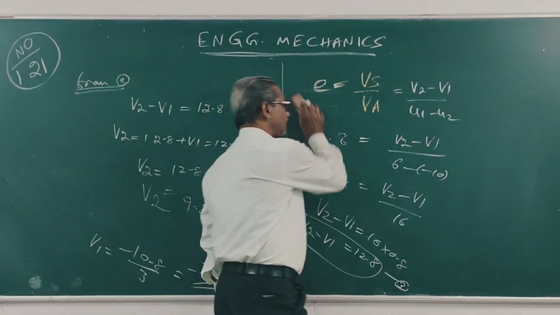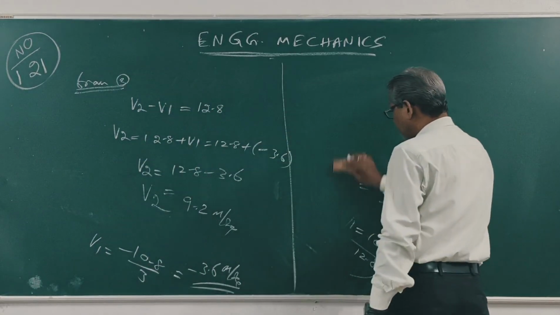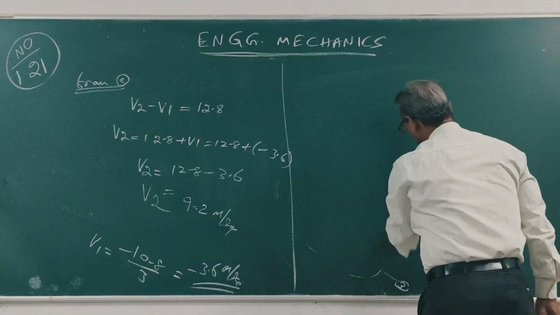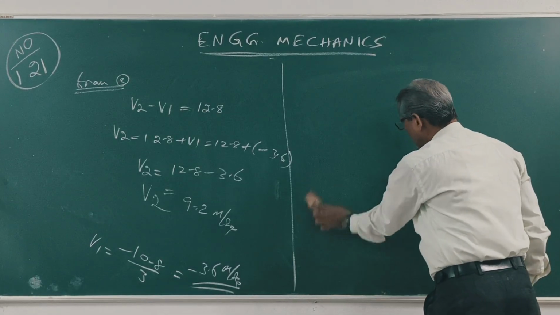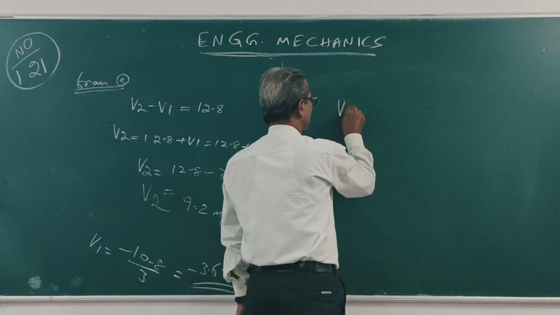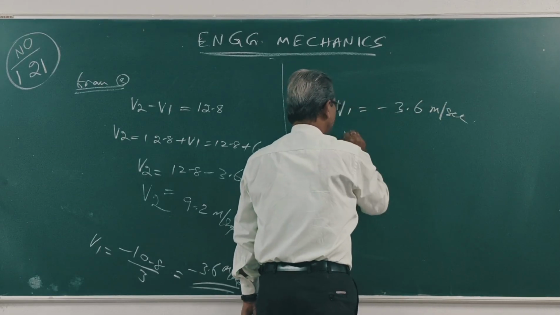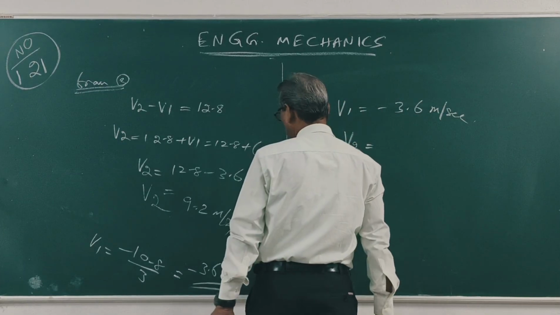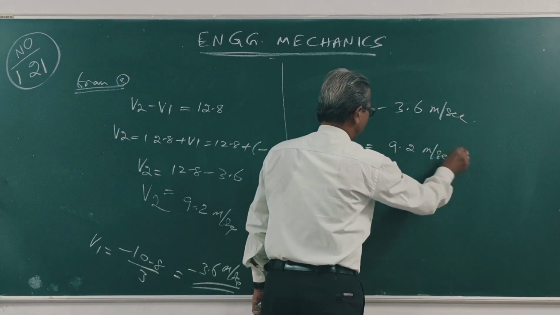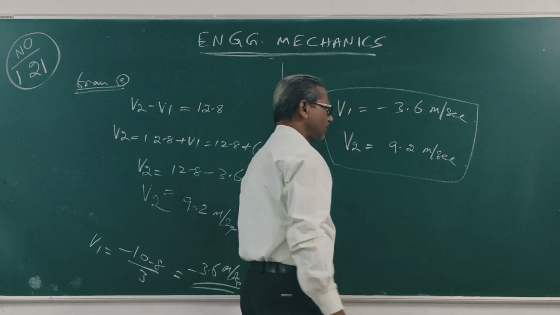Clear? Now B1 is equal to minus 3.6 meter per second. B2 is equal to 9.2 meter per second. Right?